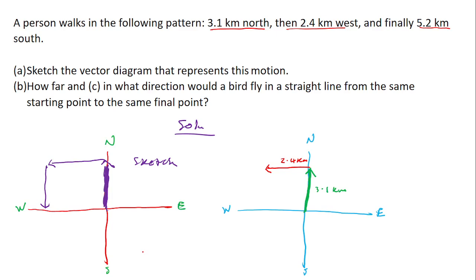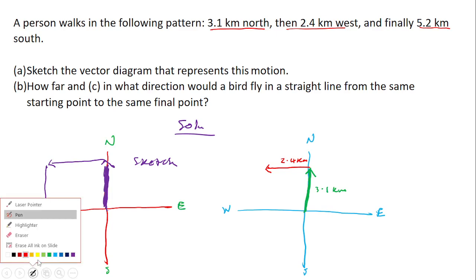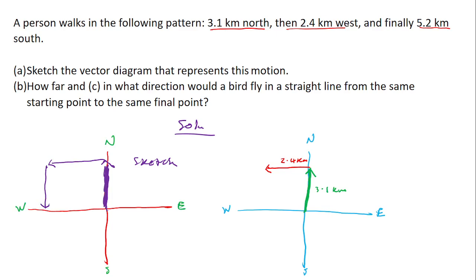Then the last one is the one which most examiners will focus on, because the last one has to be a bit longer than the first one, which is 5.2. So you're going to move a bit down there. This will be your 5.2 kilometers.